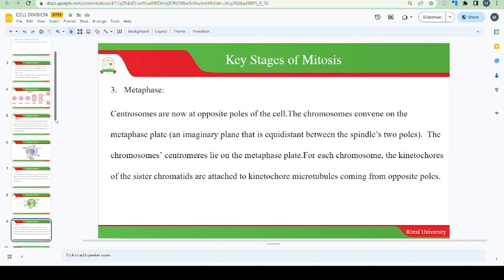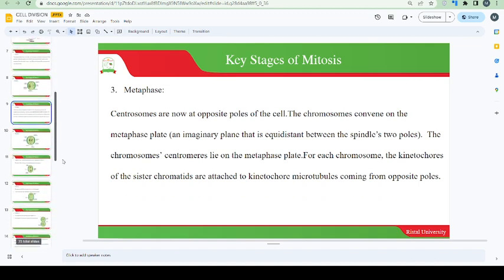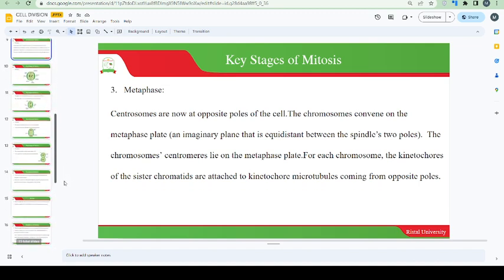Let's look at metaphase. During metaphase, the centrosomes are now at the opposite poles of the cell. The chromosomes convene on the metaphase plate, which is an imaginary plane that is equidistant between the spindle's two poles.